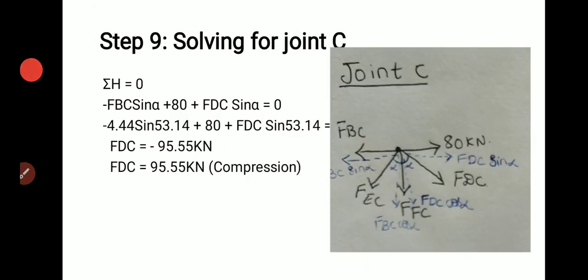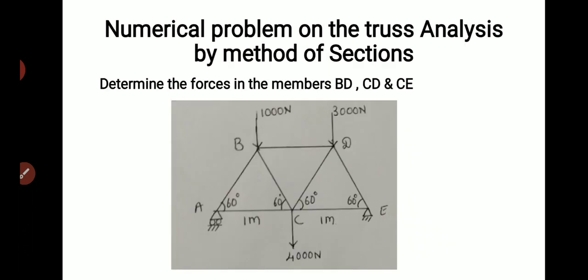So by this I have concluded how to analyze the truss by using the method of joints. Coming on to the next important method, that is the method of sections.